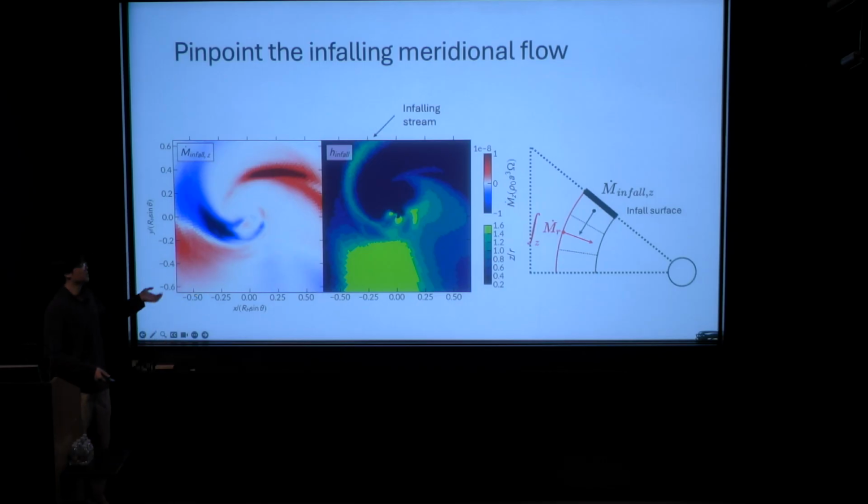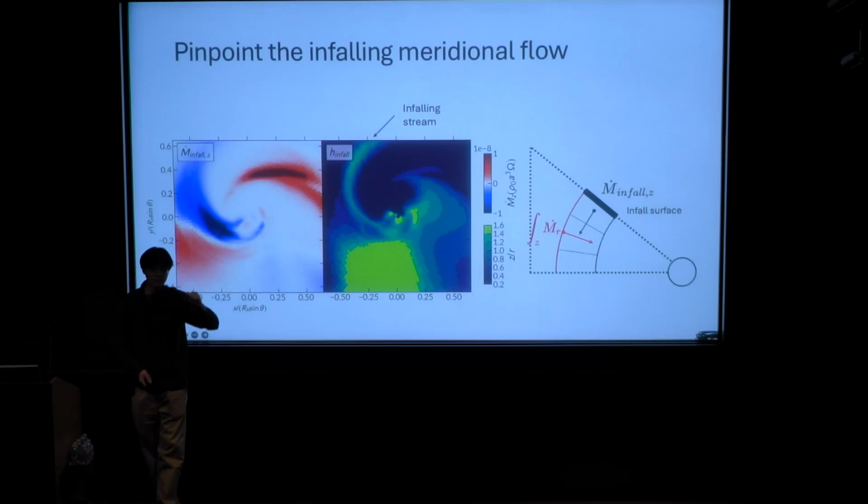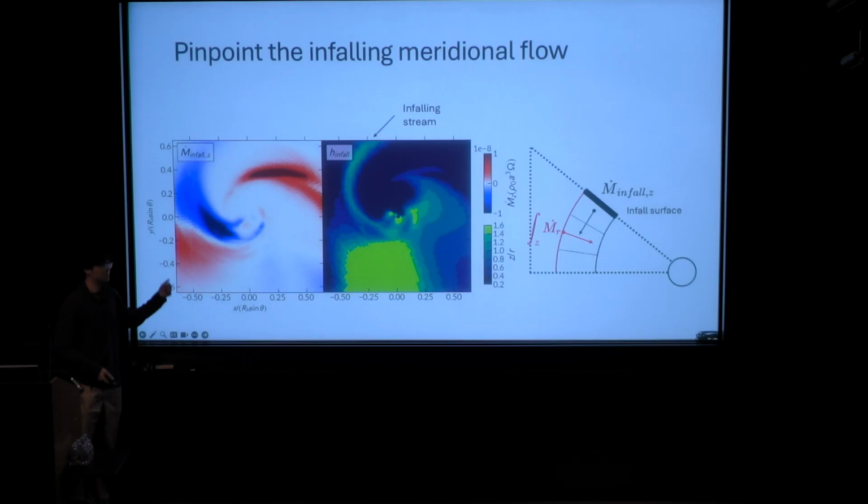And then on the left, we plot the mass injection rate from the infall. You can clearly see there is an infalling stream from a higher altitude finally landing on the disk at around 0.2 Hill radius.